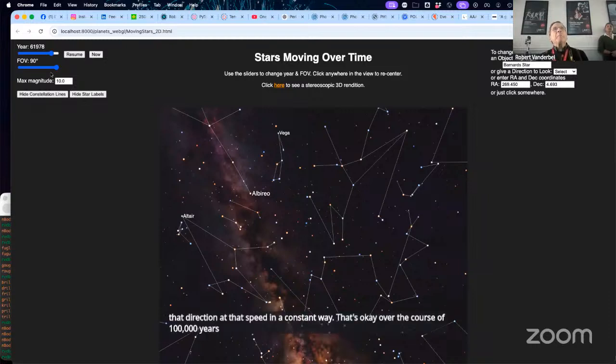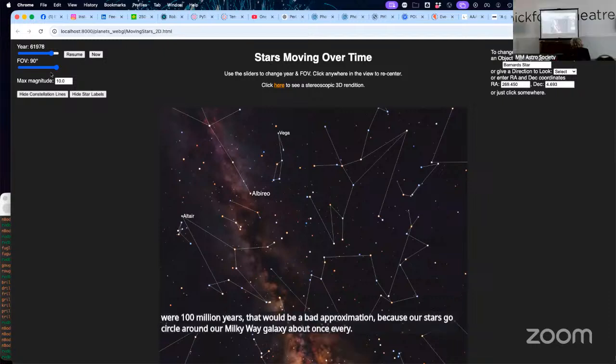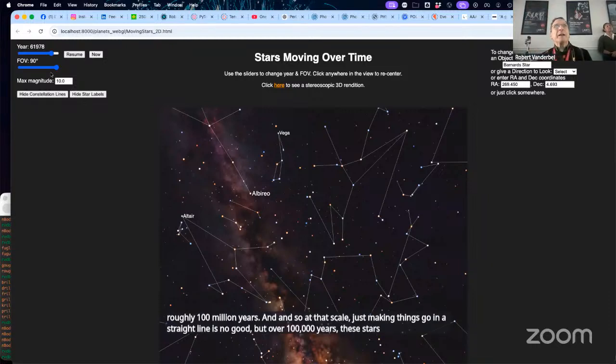If this were 100 million years, that would be a bad approximation because our stars go around our Milky Way galaxy about once every roughly 100 million years. And so at that scale, just making things go in a straight line is no good. But over 100,000 years, these stars pretty much are just going in this straight line pattern that I'm showing here.